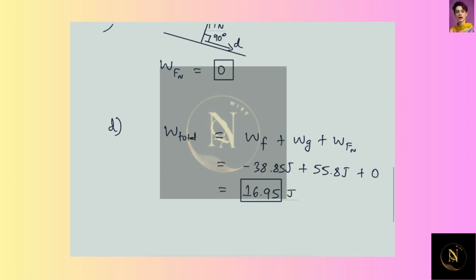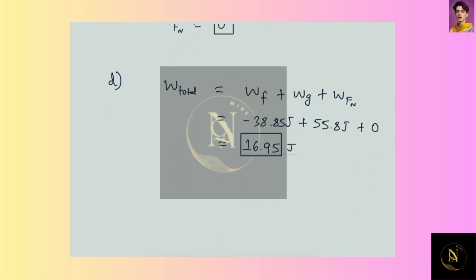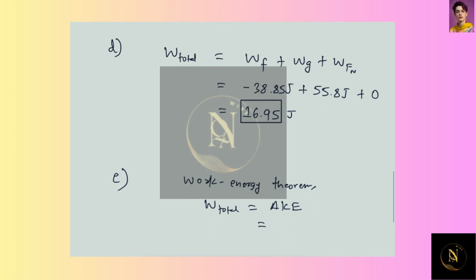Now we have to find out the speed after it has slid 2.80 meters down the ramp, if at the top of the ramp the speed is 2.20 meters per second. So we will use the work-energy theorem, according to which the total work is equal to the change in kinetic energy.